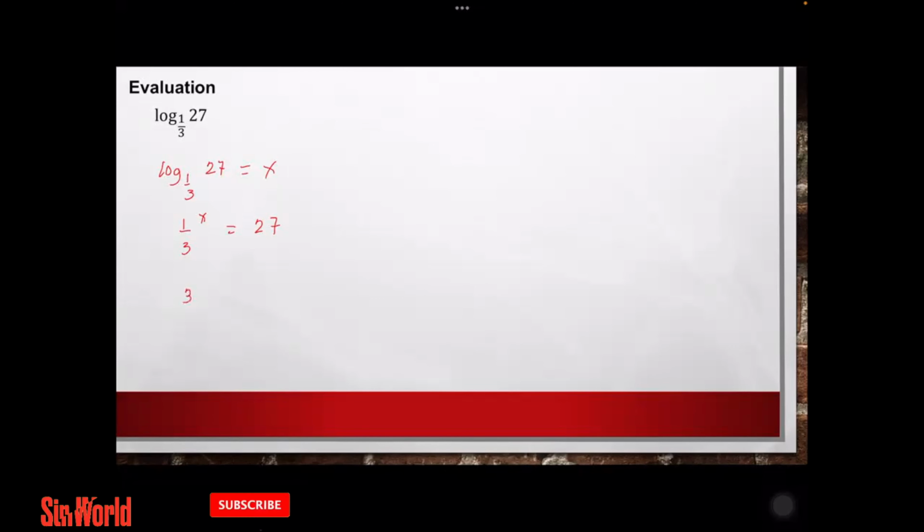Gagawin natin ay 3 raised to negative 1 times x. Bakit siya 3 raised to negative 1? Kasi the property na kapag meron kang x to the negative 1 is equal to 1 over x. That is the property na nadaanan natin somewhere sa last part ng module.